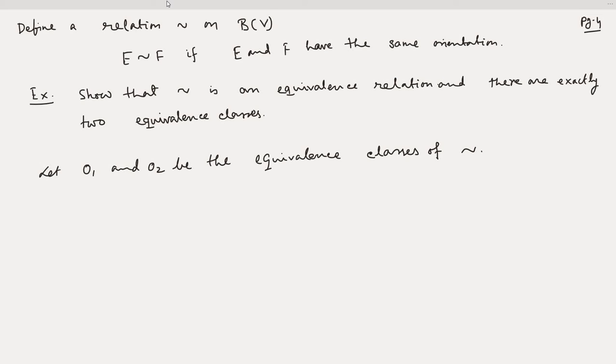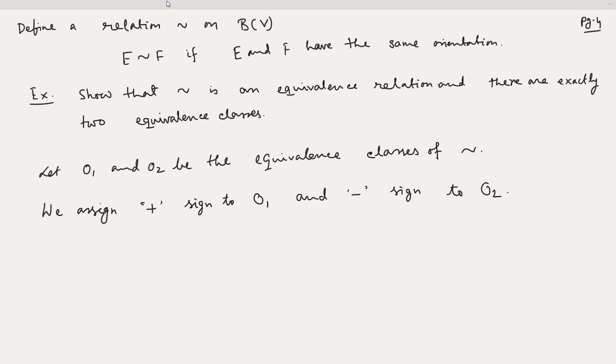So we assign a plus sign to one equivalence class, O1, and a minus sign to the other equivalence class, O2.